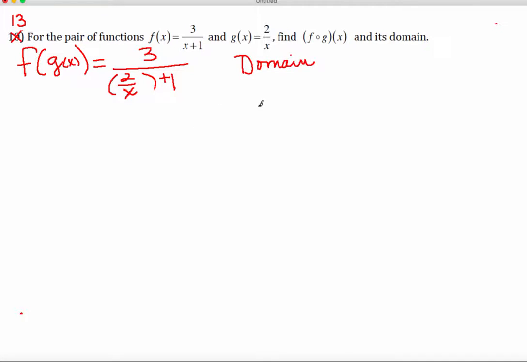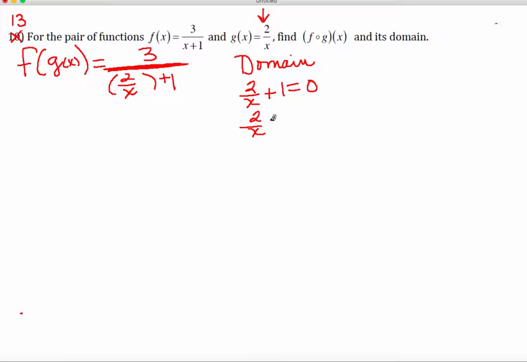The domain of a composite function is the domain of your new function and any restrictions that come along from g of x. So I'm looking at my new function here, the unsimplified version, and I see I have a fraction bar. And whenever you have a fraction bar, you take what's underneath and you set that whole thing equal to 0. Anything under a fraction bar, take the whole expression, set it equal to 0, solve it.